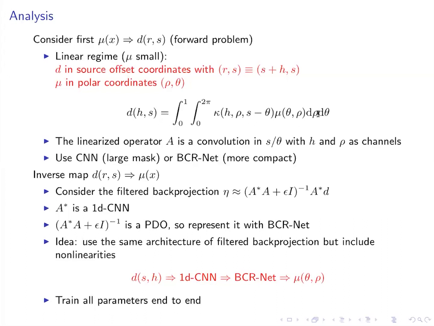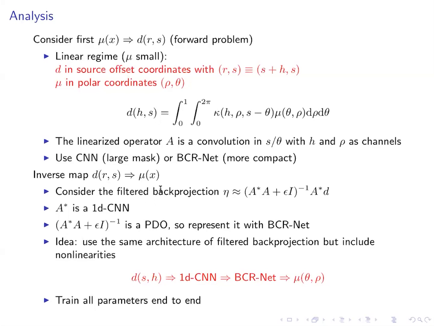It depends on the mu in polar coordinates through a 1D convolution, where the convolution is in the S and theta variables, the angle variable, and the offset h, and the rho, the radial variable, is treated as channels. So this means that the forward operator can be represented as a CNN.